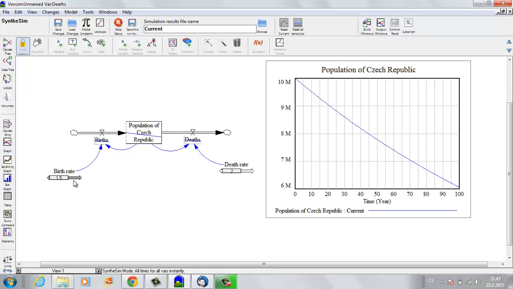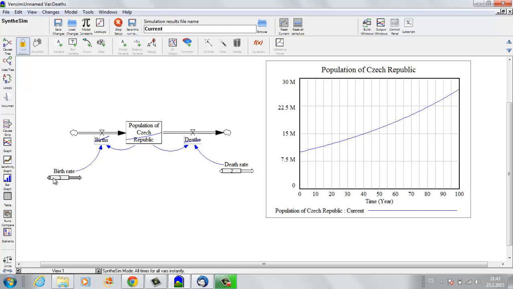On the other hand, if we increase the birth rate to, let's say, 3%, which seems quite unreal, but we can have a look just for the simulation purposes, we would get pretty high to almost 30 million, which means that the population would triple.